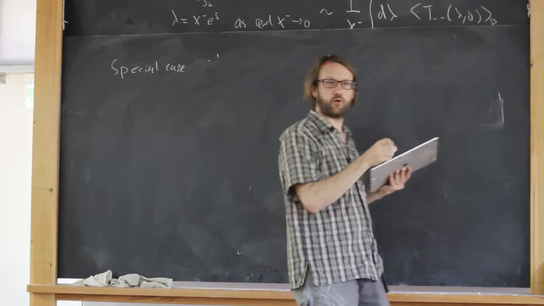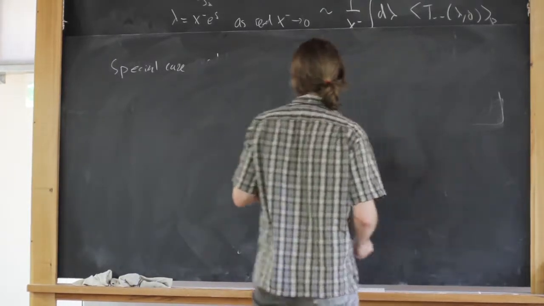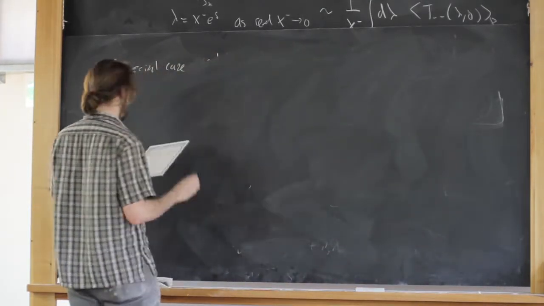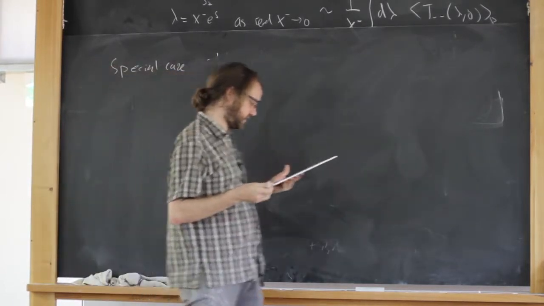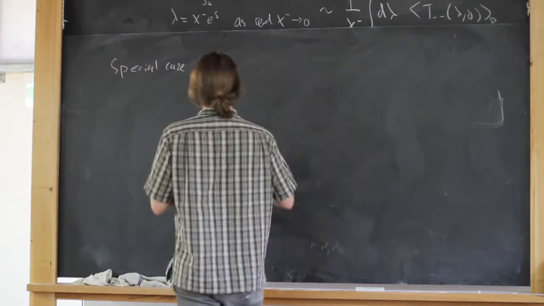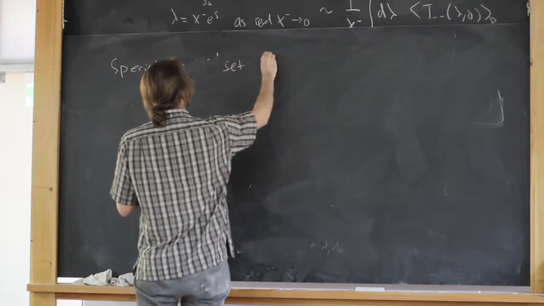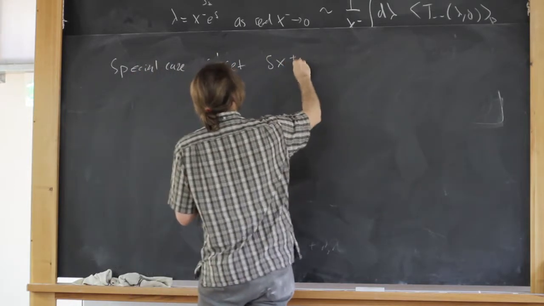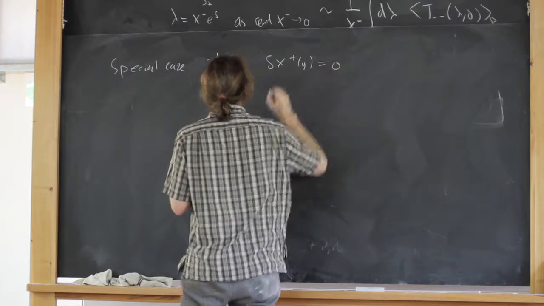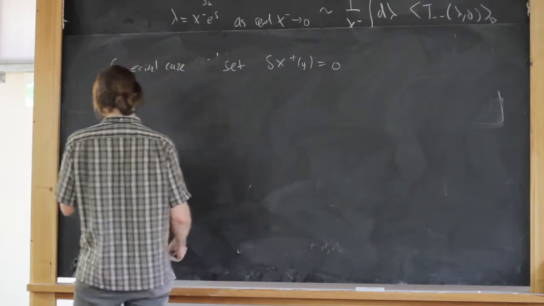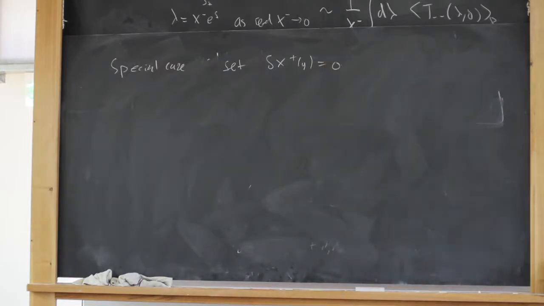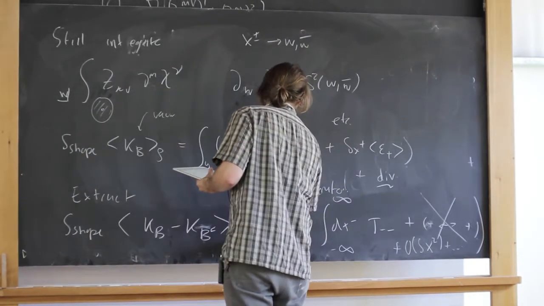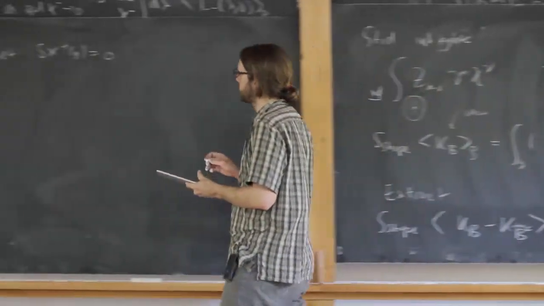Right now I'm just deforming it in any random direction. As long as it's contained within the domain of dependence of A, that's okay. But now I can consider a null deformation. So let me set delta x plus of y to be 0. Then I only get a contribution from this term. There is no this term. So this is the other term, but now I'm just doing this null deformation like this.